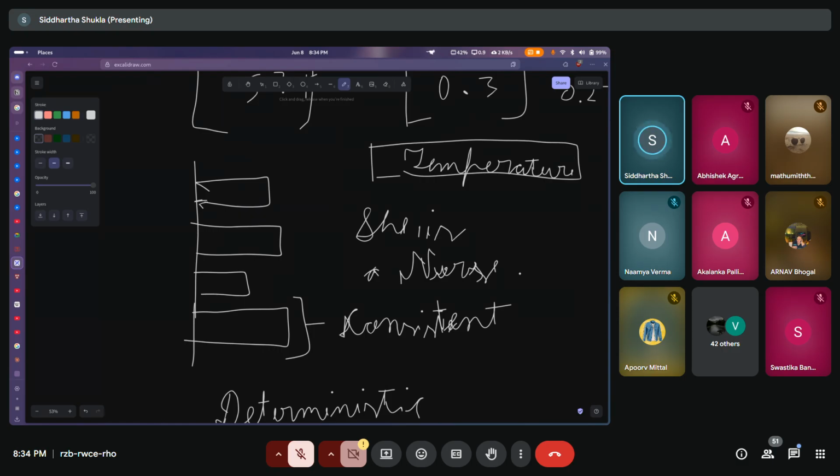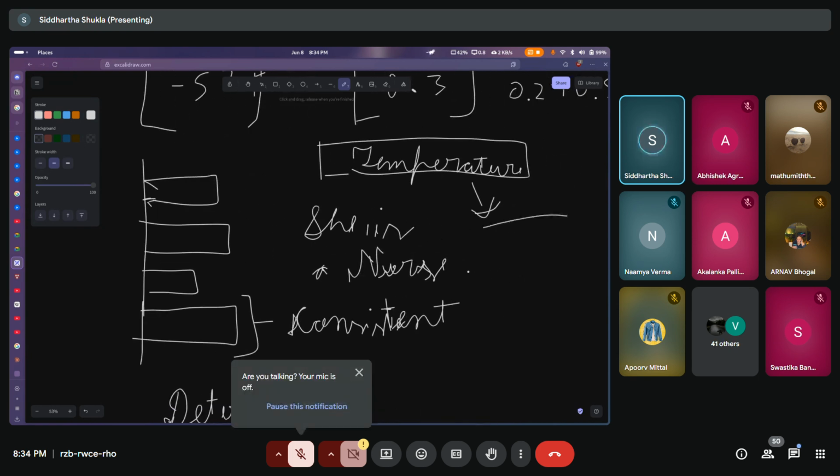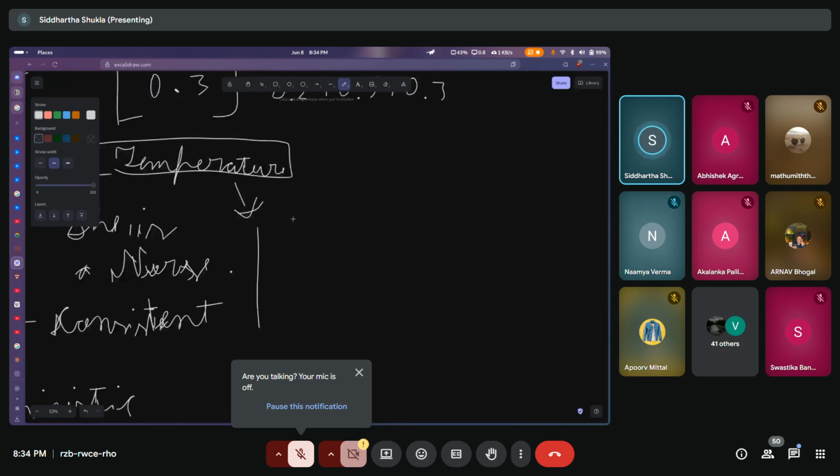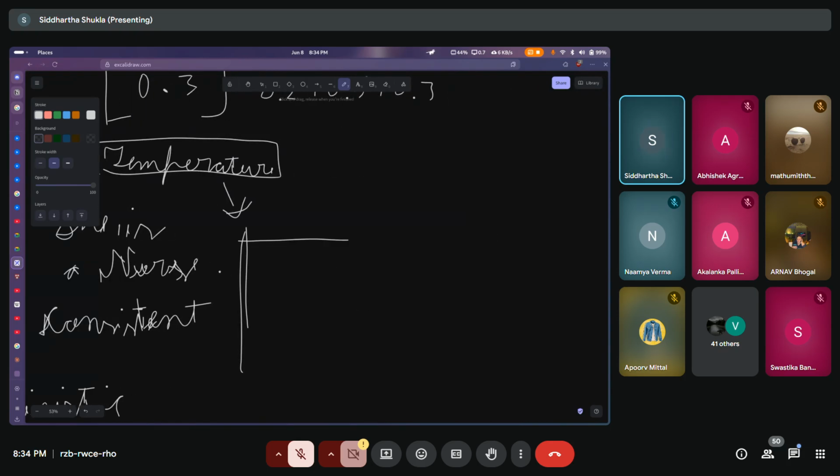So what softmax with this new entity that we've introduced, temperature, does is this: the higher the temperature is, the more closer and more normalized the probability distribution is going to be.